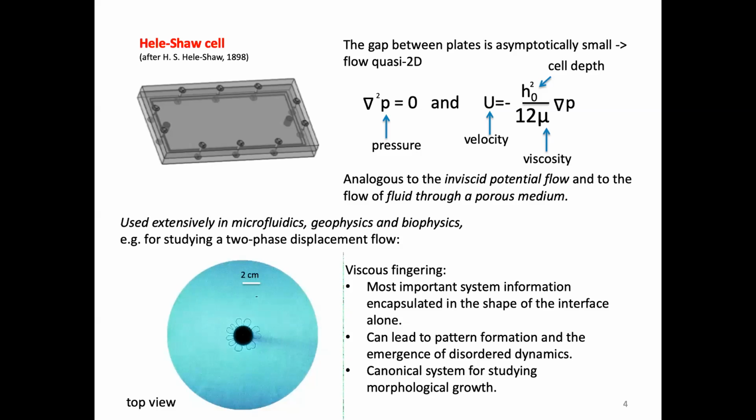So here, this is a top view of a radial Hele-Shaw cell where we're injecting air in the middle of the cell to push out some silicone oil. And what you're seeing is that the interface very quickly develops a very complex, interesting pattern, which you can then study in loads of detail.